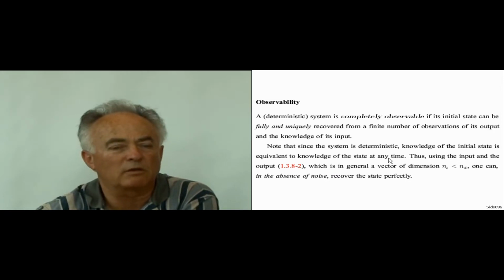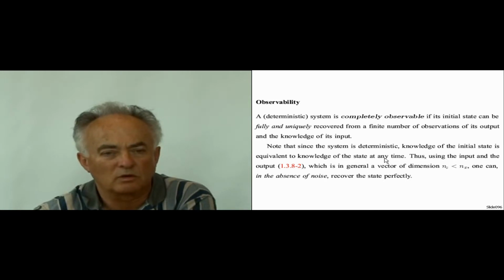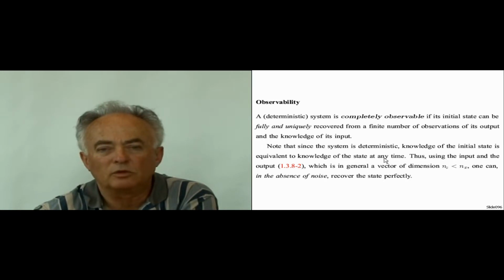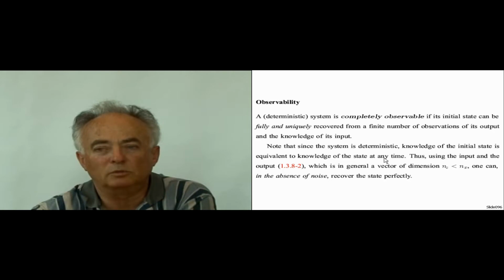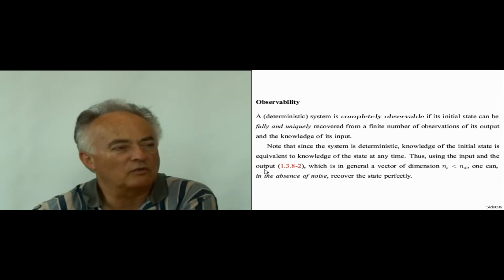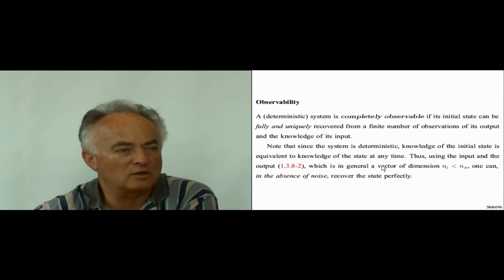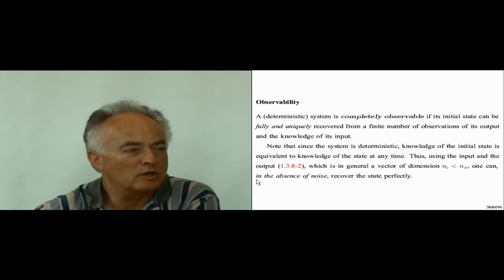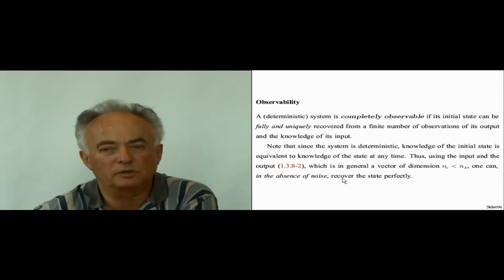You can propagate through the deterministic equation if you know the input, both backward and forward, it turns out. Thus, using the input and the output, which is in general a vector of a smaller dimension nz less than nx, you can, in the absence of noise, recover the state perfectly.